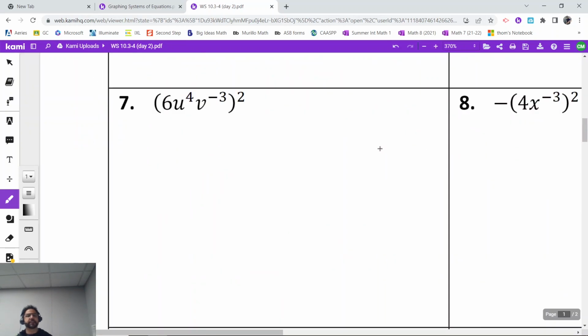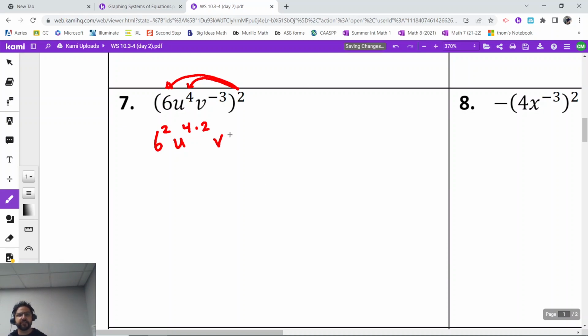Again, I'll show you two different options. Option number 1 is we're going to use the rule. So that gives me each item getting the exponent. The u also gets it. So 4 times 2, because again, it's inside, outside.